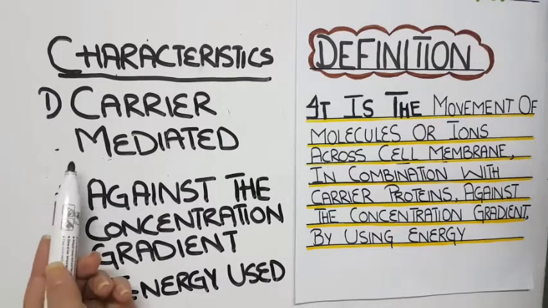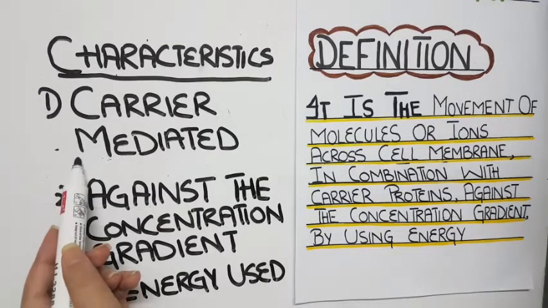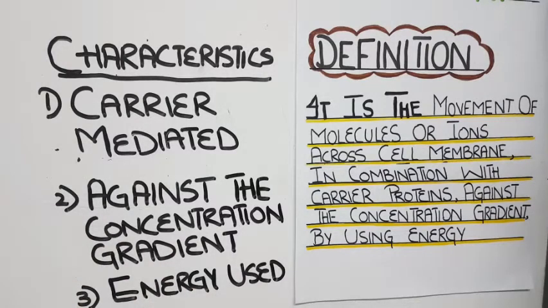Number one is that it is carrier mediated. For these molecules or ions to be moved across a membrane, they need to be combined with a carrier protein. Second is that they are moved against the concentration gradient, and for this process to occur, we need a source of energy.